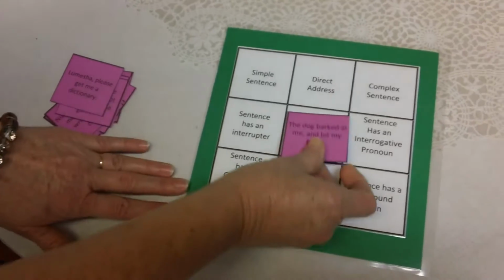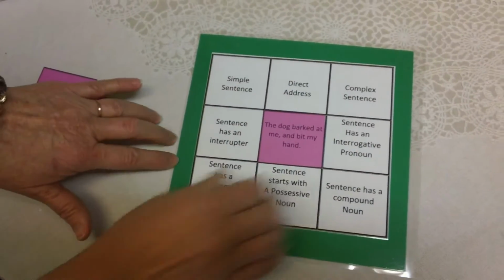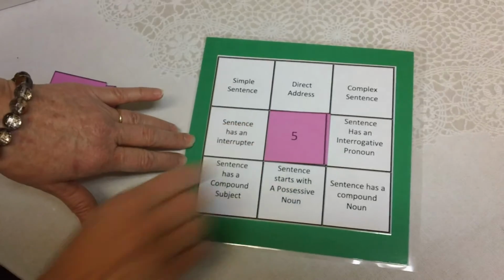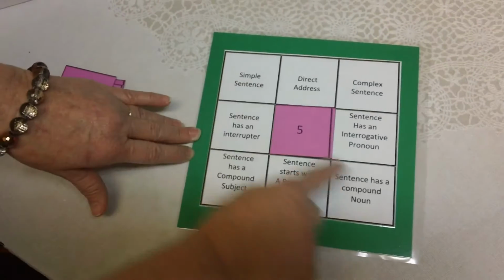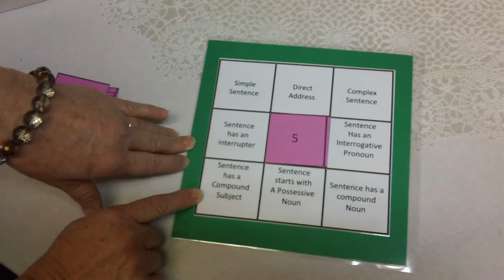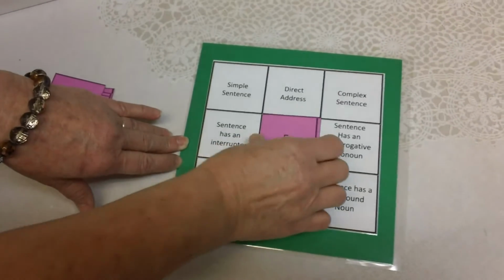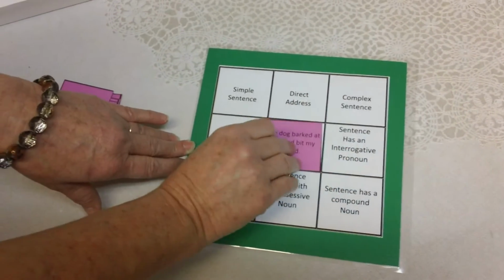That would be a compound sentence, and they'll put it there. When they have filled out their entire card, they will flip it over, and there are numbers on the back. All these numbers will add up to 15, and that's how they can do a self-check to be sure they have all the sentences in the correct place and have identified all of their sentences.